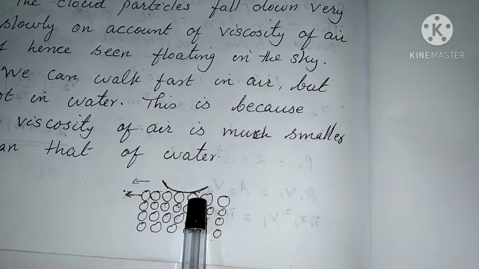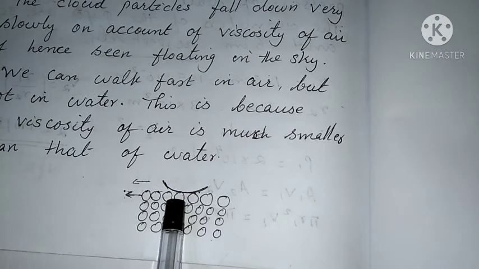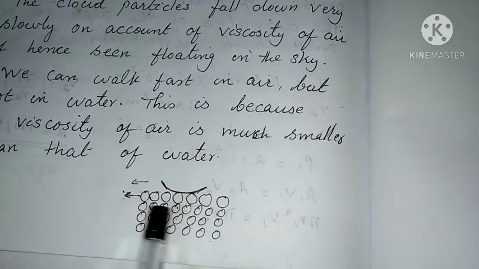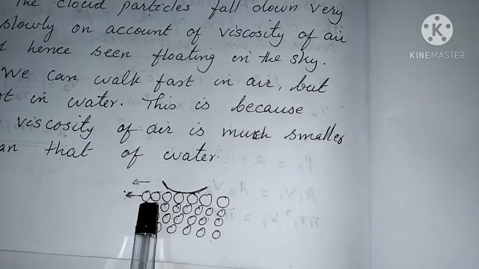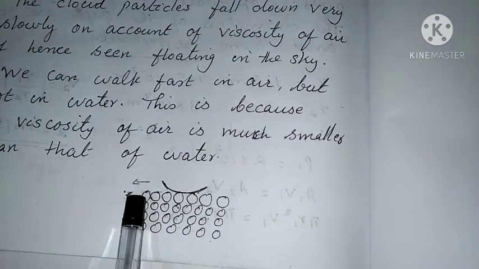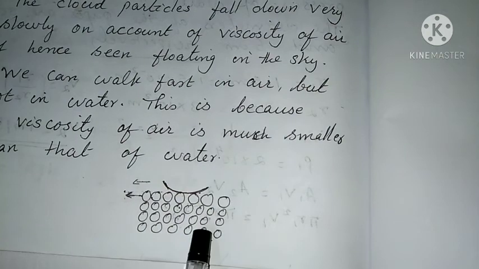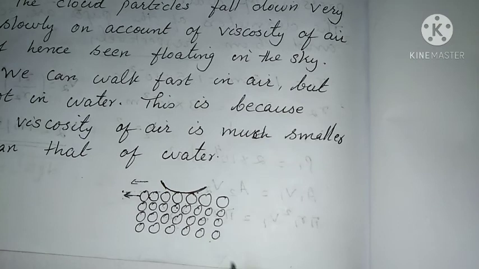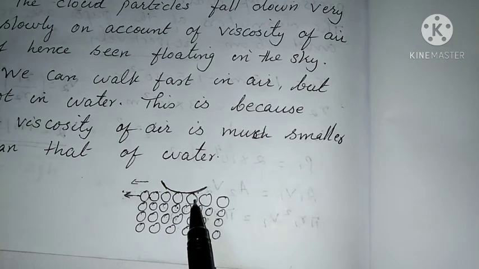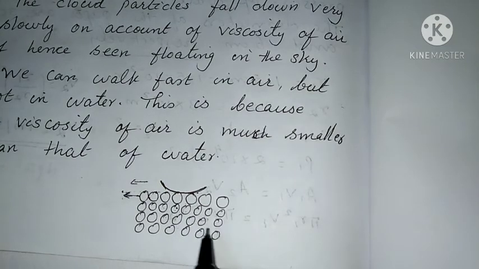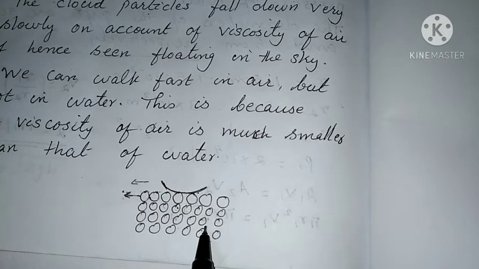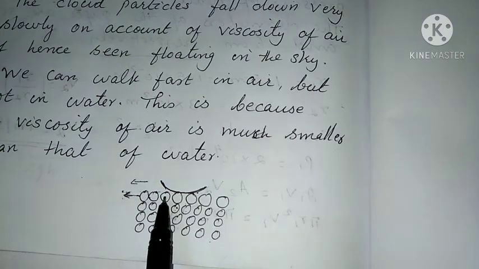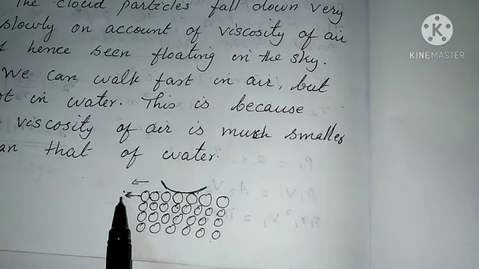What is the cause of viscous force? Imagine that when a boat moves on the surface of water, the upper layers of the fluid move along with the boat. When we go deeper, the movement of particles reduces and there is attraction between the molecules. So, deeper molecules try to prevent the surface particles from moving with the boat.